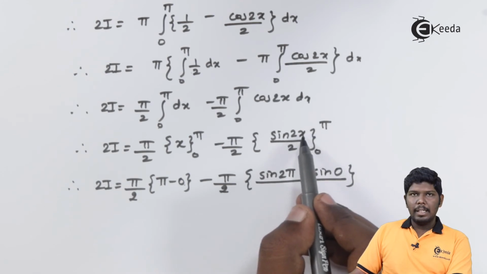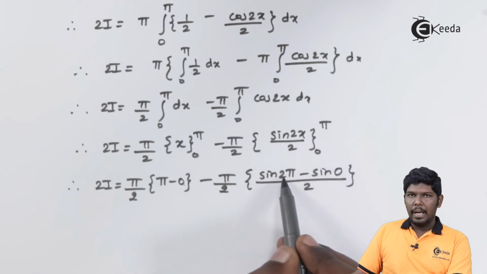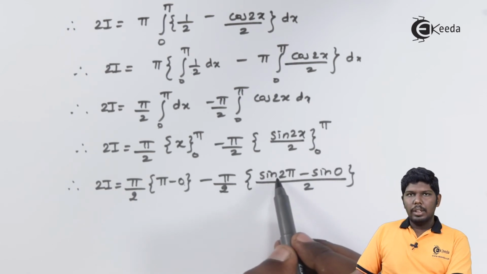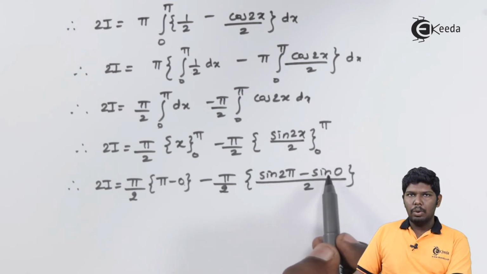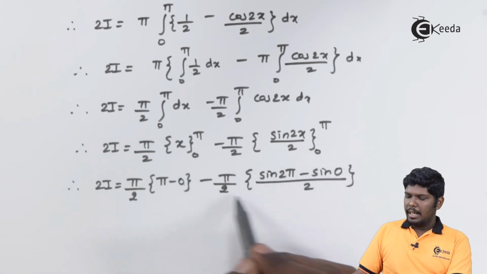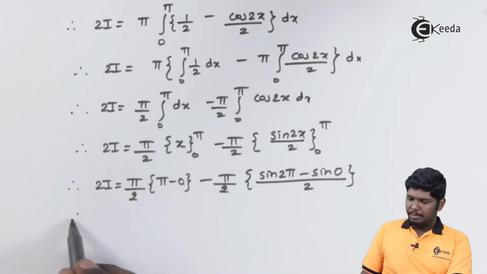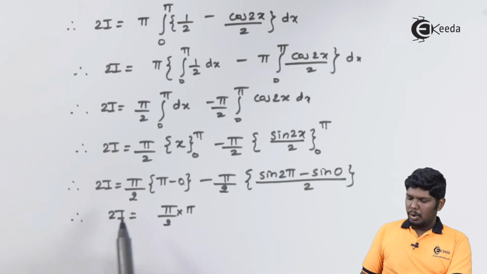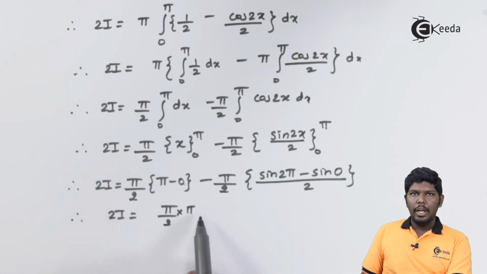Again we have upper limit as pi, so this will give you sine of 2 pi minus sine of 0 upon 2. As both sine 2 pi and sine 0 are 0, 0 minus 0 upon 2 will give you 0. Therefore this entire bracket will become 0. So this will give you 2I is equal to pi by 2 into pi, that is pi square upon 2.